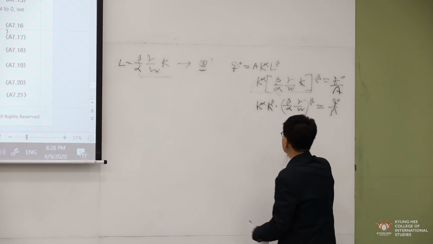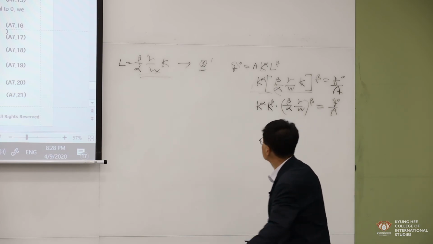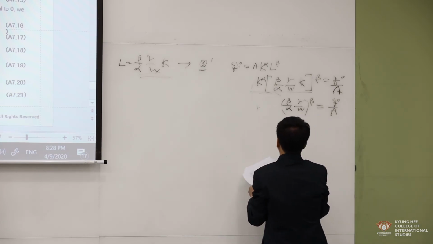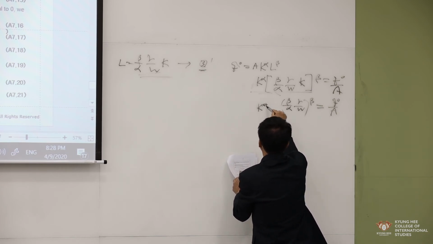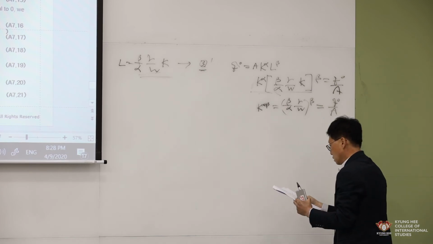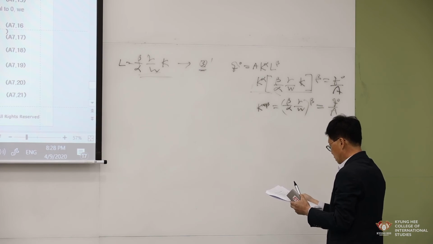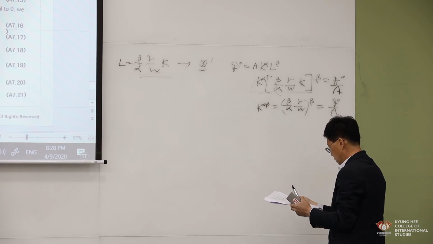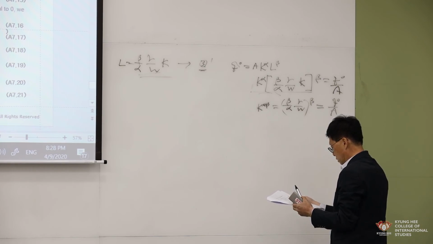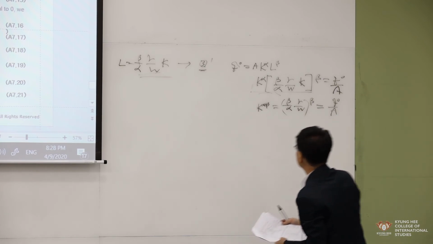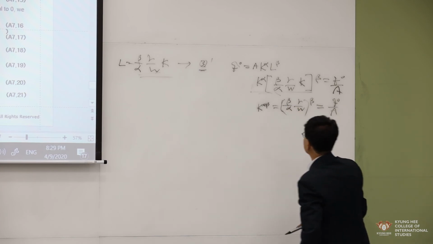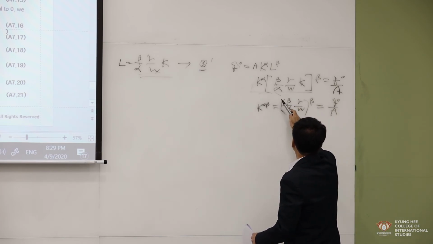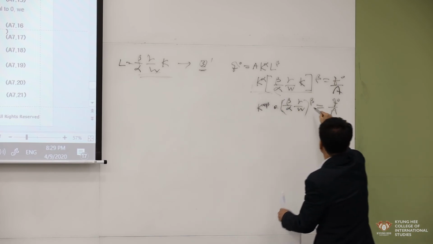Right? This one is K^(α+β) like this. Then this one multiplied by this one is this one.